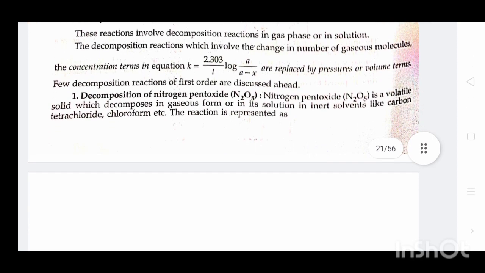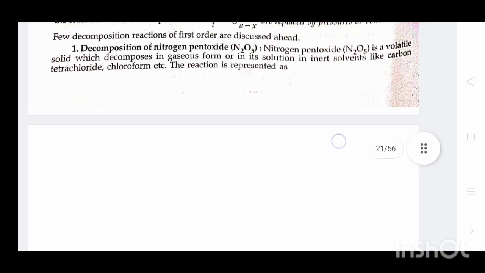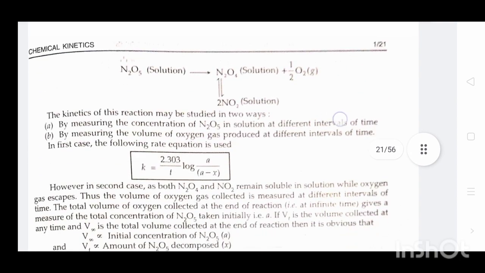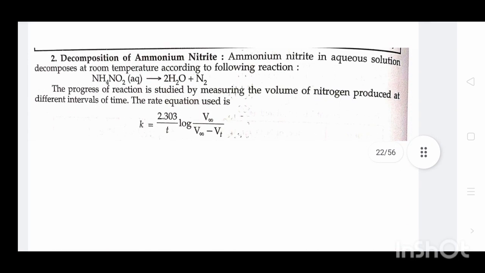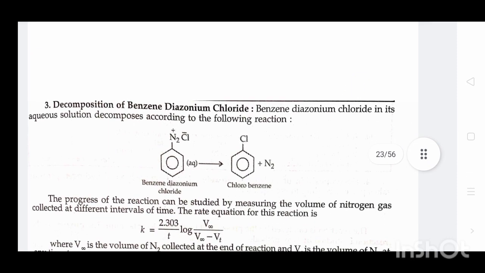Decomposition of nitrogen pentoxide, N2O5. Next is decomposition of ammonium nitrate. Ammonium nitrate in aqueous solution decomposes at room temperature according to the following reaction. Next is decomposition of benzene diazonium chloride.